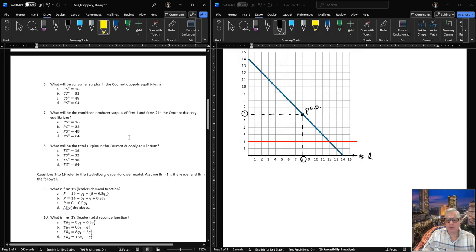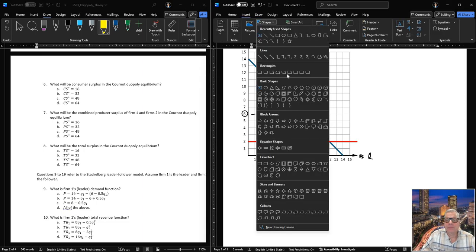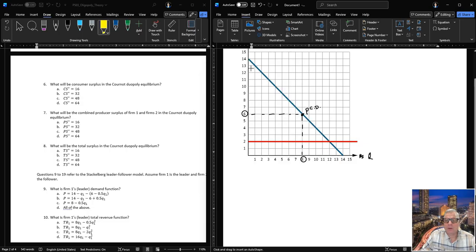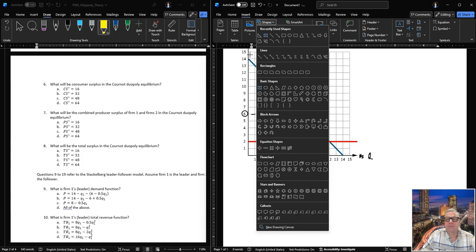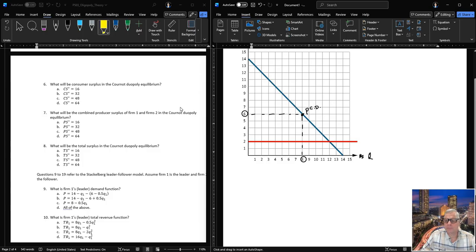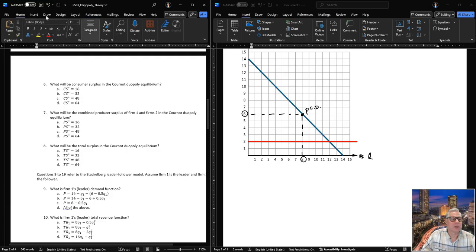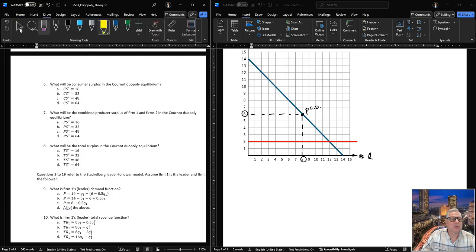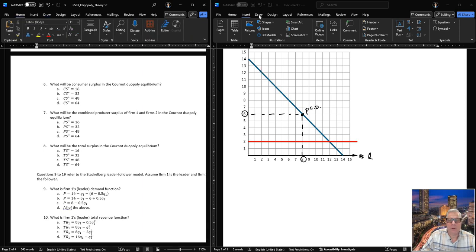What will be the consumer surplus? So the consumer surplus is... okay, it looks like it's locked in. Let's see if it works now.